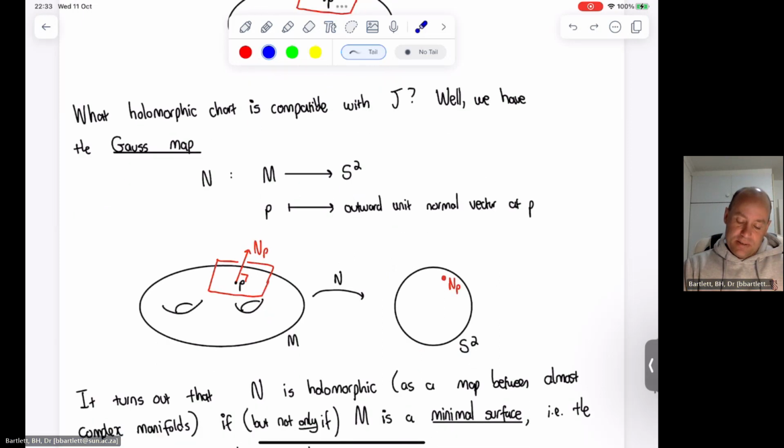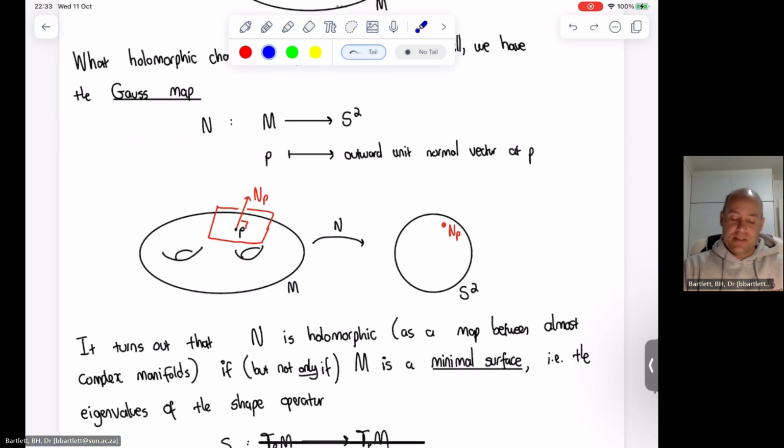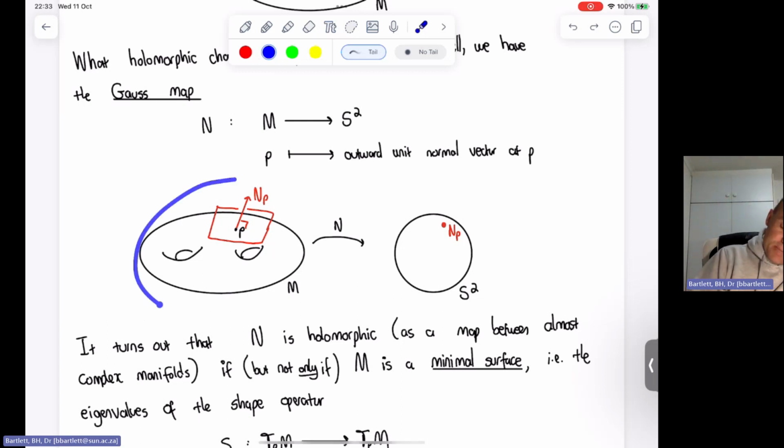And it turns out that this map, this normal map, this Gauss map, maybe I should have called it G, is holomorphic, considered as a map between almost complex manifolds. You see, M is an almost complex manifold. As I said, you've got this J at each point. And S2 is also an almost complex manifold because it's living inside R3. In fact, we have charts on S2, so S2 is actually a complex manifold, but for now, don't worry about that.